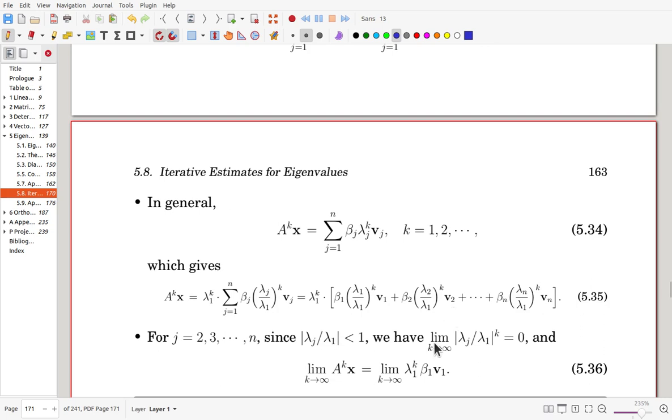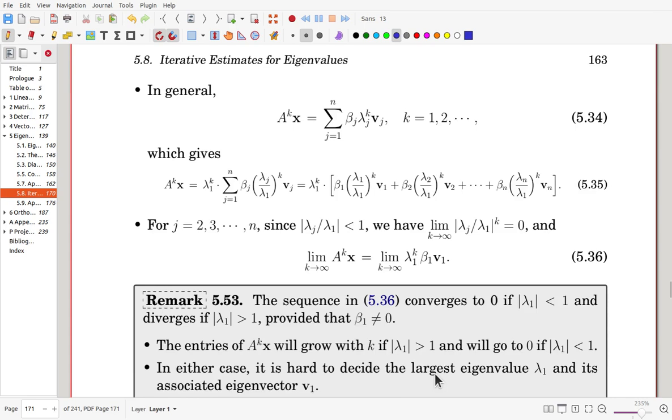So when k becomes larger and larger, then A to the k x in the limit will be the same as lambda 1 to the k times this term, which is always beta 1 v1. So we reach this equation.